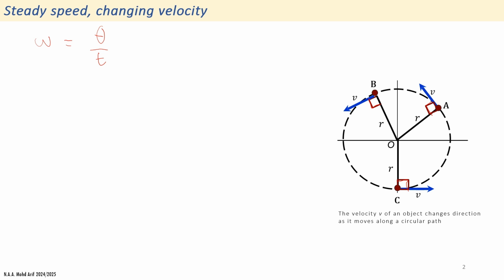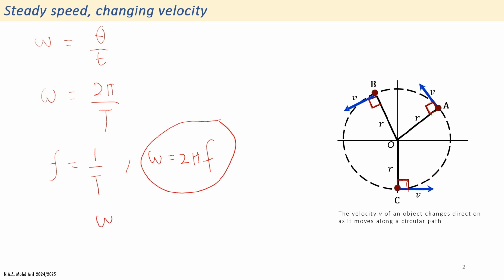Time taken to make one revolution is referred to as the period T, and the angle through which the object rotates in one revolution is 2 pi radians. Therefore, omega equals 2 pi divided by T. And the relationship between frequency and period is frequency equals 1 over period. So therefore, we get omega equal to 2 pi f.